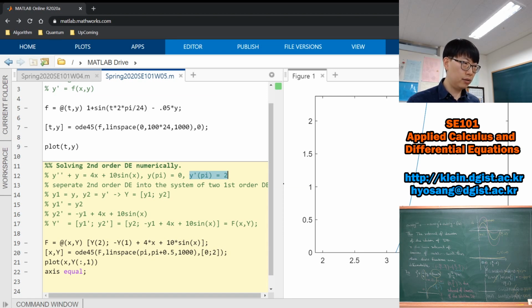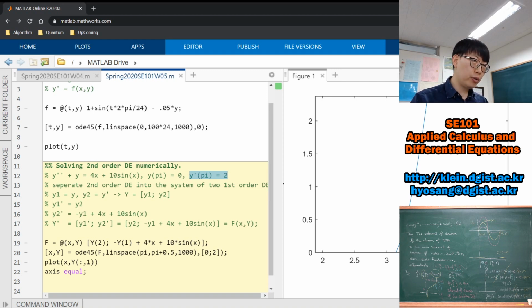How do you draw that? You have to draw two curves, one starting from pi to plus infinity, and the other starting from pi to negative infinity. That requires plotting two functions in the same figure, and we will do that next time.